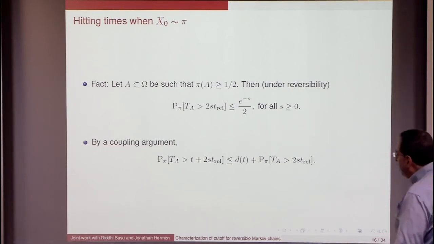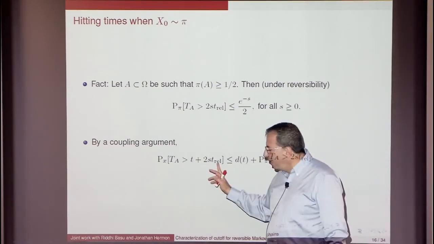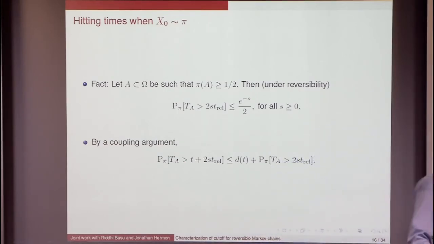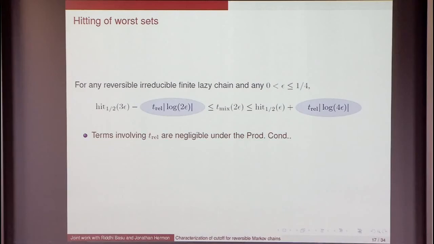So it means we easily can control hitting times by mixing times, but that's not the interesting direction. This is really for completeness. And the interesting direction is the other bound that I want to emphasize more.